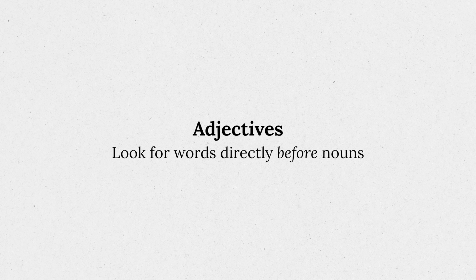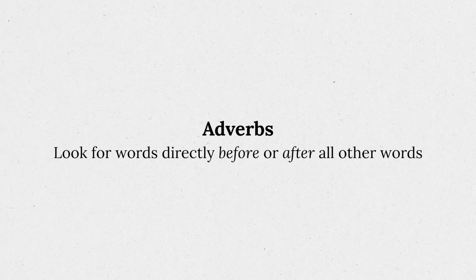Adjectives will almost always be directly before nouns, and adverbs will almost always be directly before or after all those other words. Here's a pro tip from me as an English teacher of 15 years. If you don't know what part of speech a word is, it's probably an adverb.